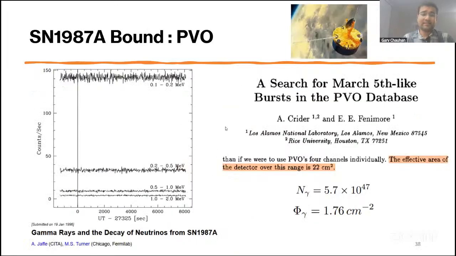There is an existing bound from the observation of the Pioneer Venus Orbiter, which was orbiting Venus at the time. Its data is consistent with just the background-only expectation, as you can see over here. From there, you can get an existing bound on the axion-photon coupling.